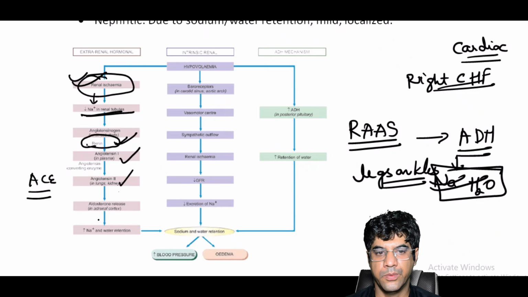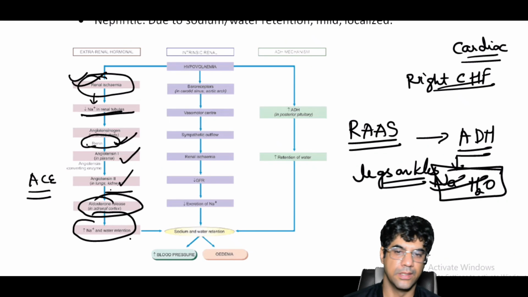Angiotensin 2 stimulates the adrenal cortex to release aldosterone, which would cause sodium and water retention.